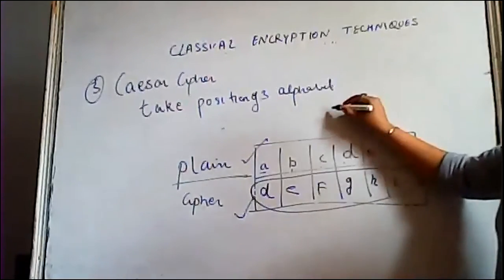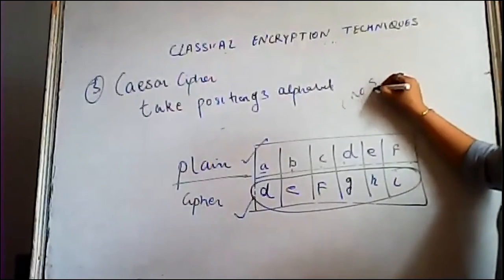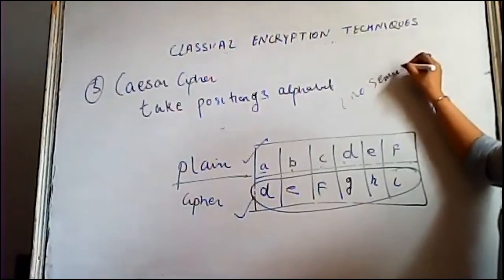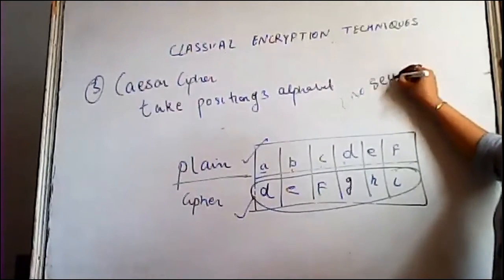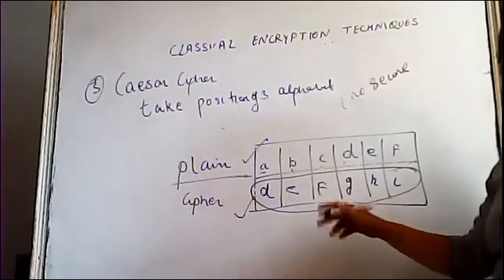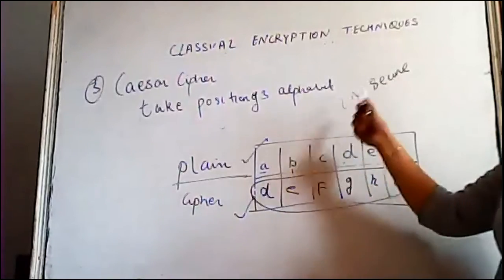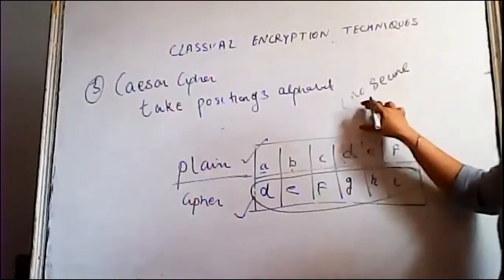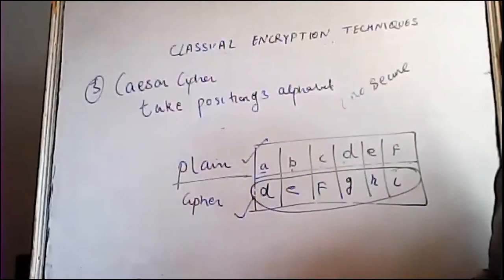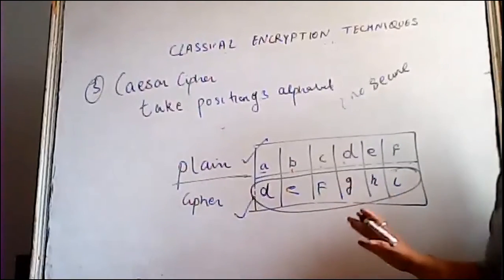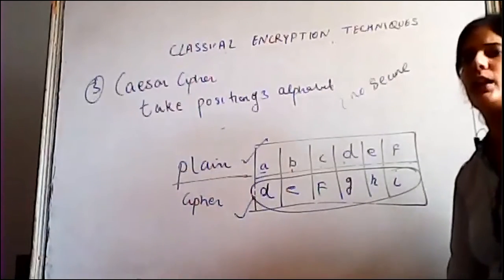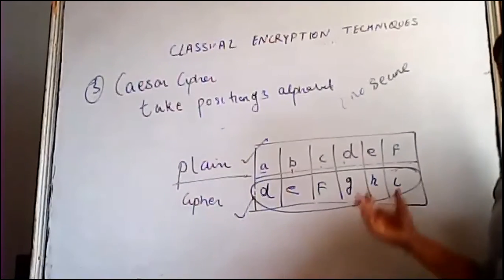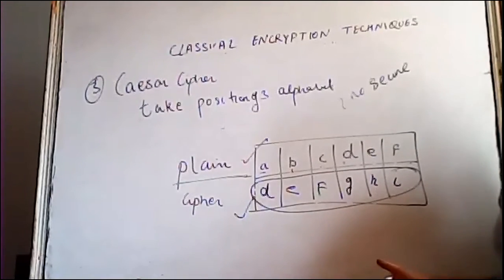So this type of method is not so much secure, because every time you will be taking the third alphabet. That's why this method is not considered so secure in bigger projects in which we are implementing these cipher techniques.